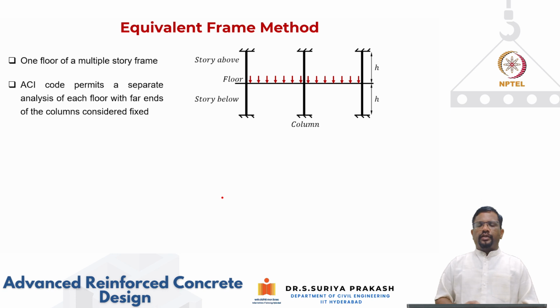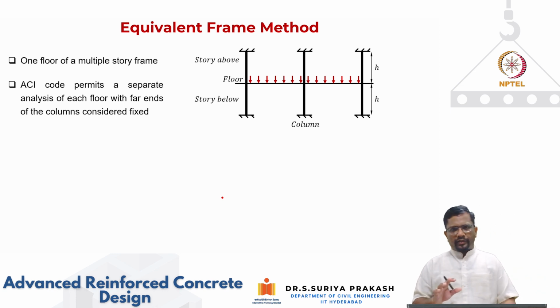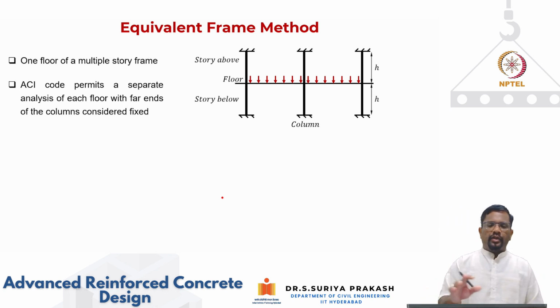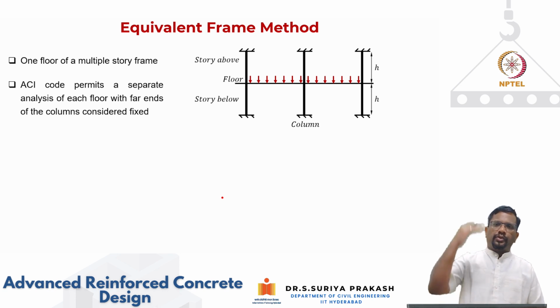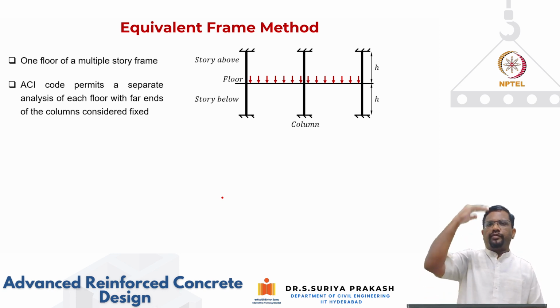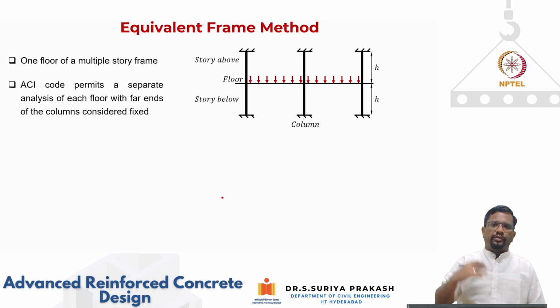Now let us see. Our whole idea is somehow to come up with an equivalent frame. Okay, the properties for slab beams, columns above and below, and then you have to include this transverse beam that is going to contribute in torsion. So usually you can have slab systems differing in a multi-story building.